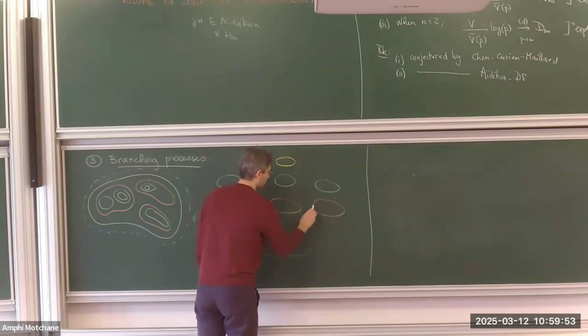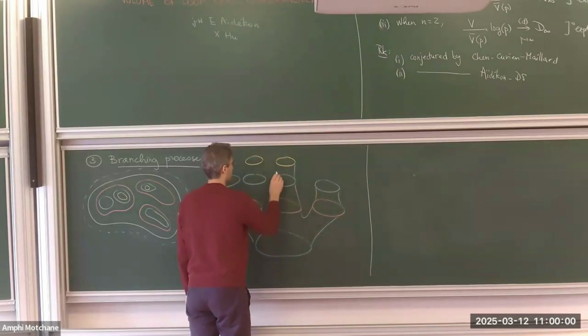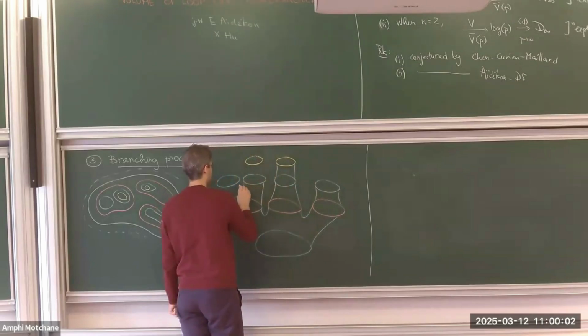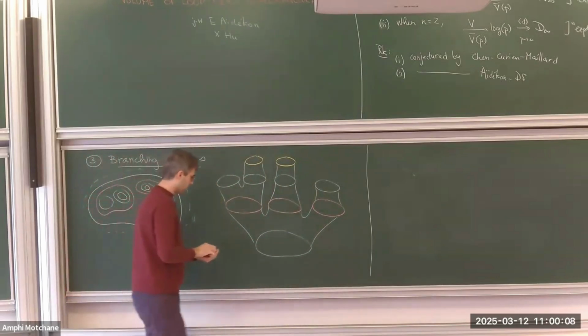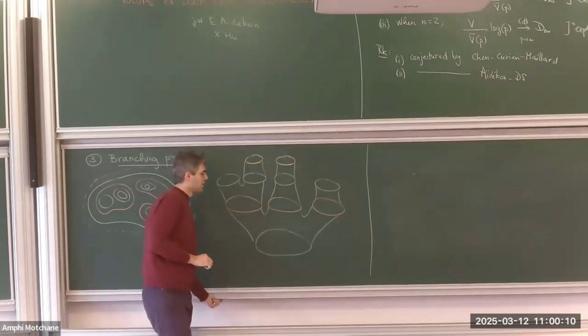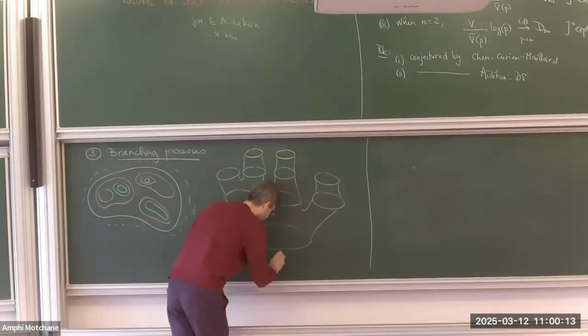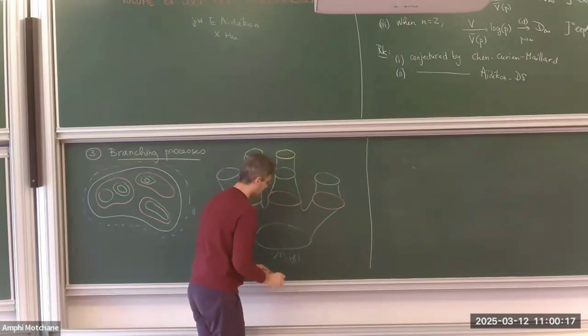And I have a notion of tree given by this notion of genealogy of the nesting levels of the loops. I actually have more than just a tree. I have a marked tree, because for each loop I have a quantity, chi p.